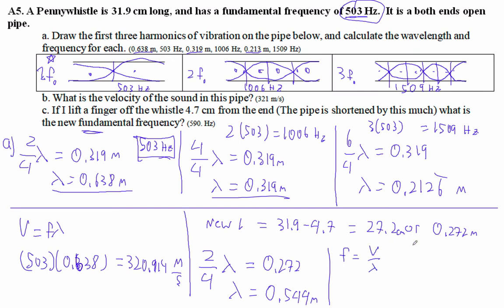So this is our velocity, 320.914 divided by 0.544 is 589.9 hertz.